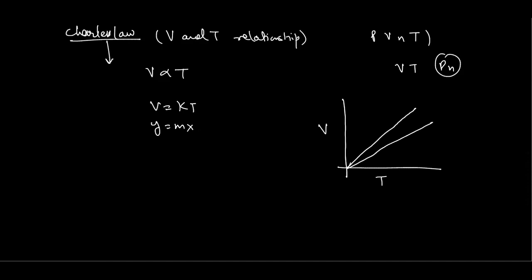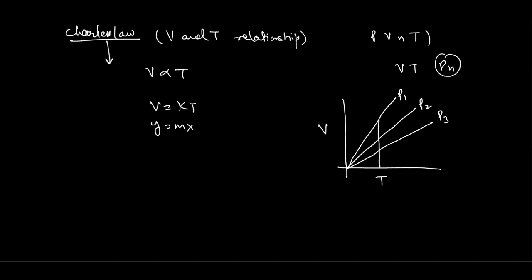If we consider this is pressure P1, this is pressure P2, and this is pressure P3, which do you think is the highest pressure? P1 is the highest. How can you say that? Because if we take a fixed temperature, then the volume will be more. No, if we fix the temperature of a gas, then at higher pressure, the volume will be less.